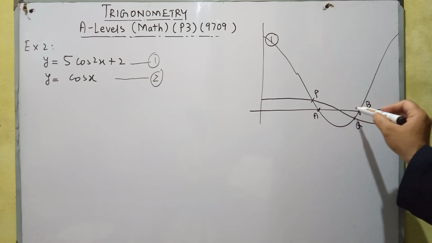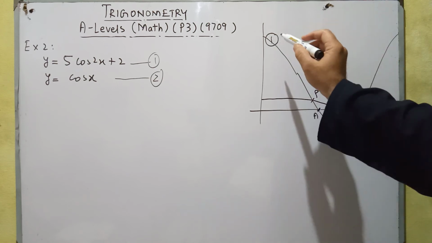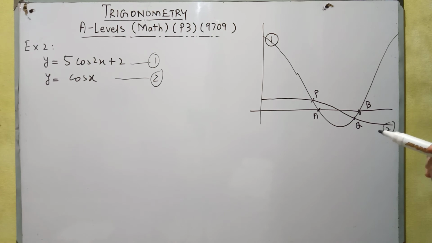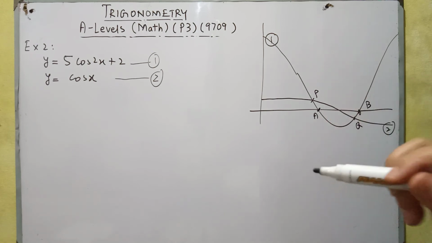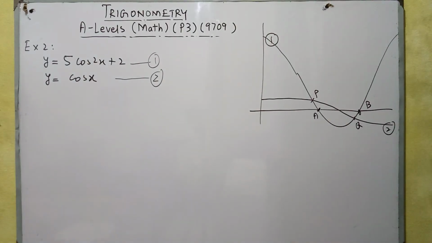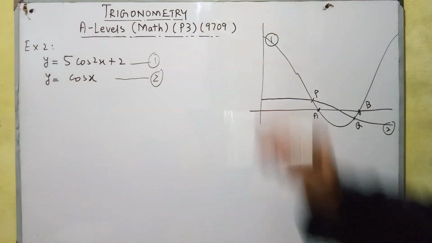Point A and point B are the 2 points at which the graph of function 1 intersects the x-axis. Basically point A and point B are the x-intercepts of the graph of this equation, and point P and point Q are the points of intersection of both graphs.